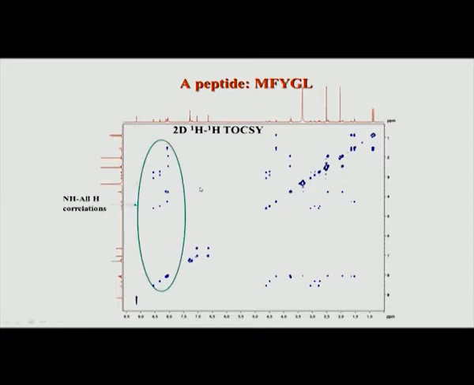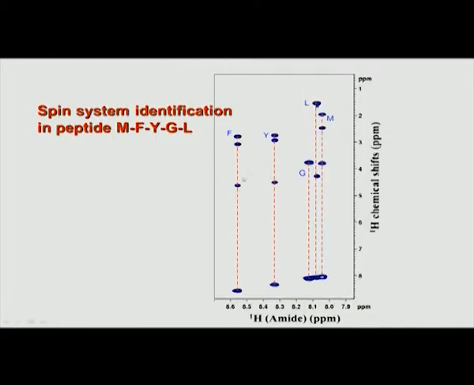So, this is the region which we are going to focus on, which has all the NH, H alpha or H beta protons correlation. This is how the spin system assignment is illustrated here. As we discussed, we go from the amide region, that is NH, and we go all the way vertically up, and then we identify the peaks and try to identify what amino acid this particular spin system is.